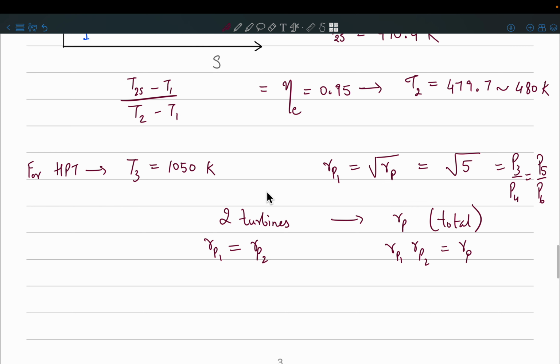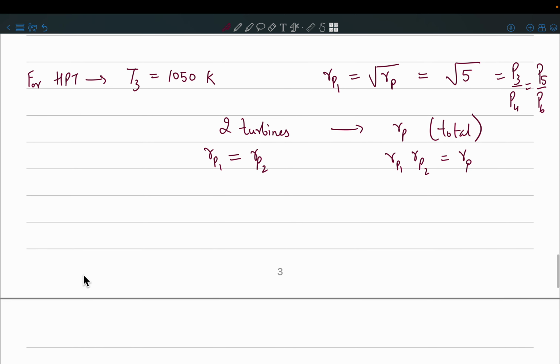Okay, so now that you know the pressure ratio, you can find the temperature ratio in the isentropic case, right? So given T3 by T4, I know the relation between T3 and T4S. Okay, so what is T4S now? Okay, the answer I have is almost same.